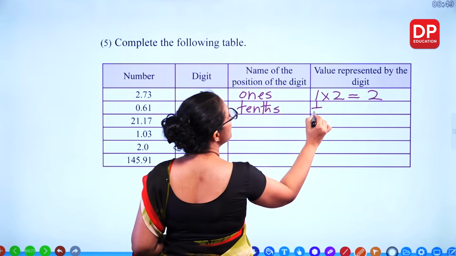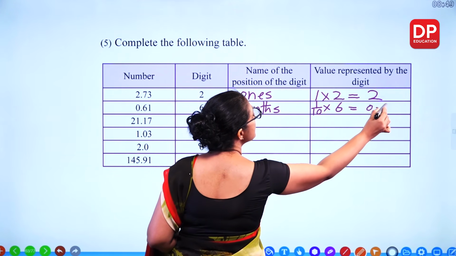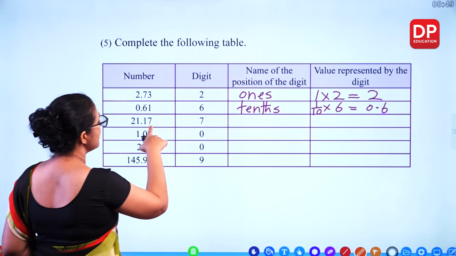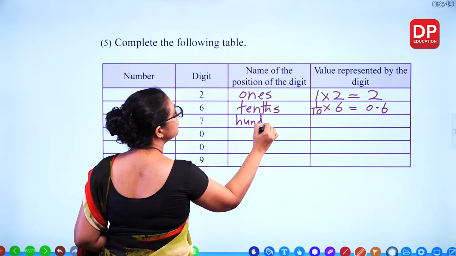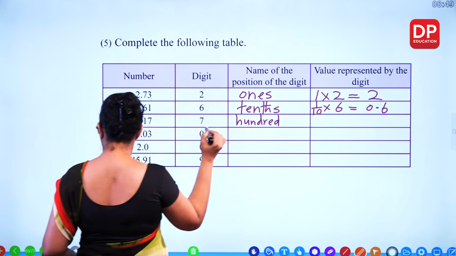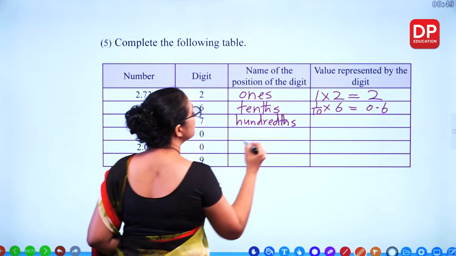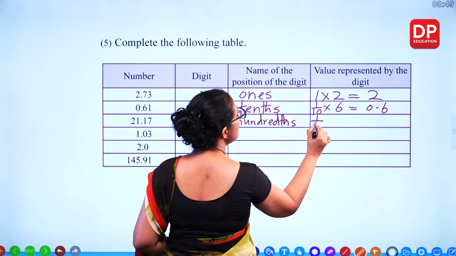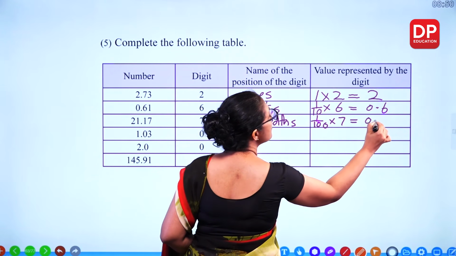So that means 1 over 10 into 6. That means 0.6. 21.177. 7 is in the hundreds place. Then that's 1 over 100 into 7. 0.07.